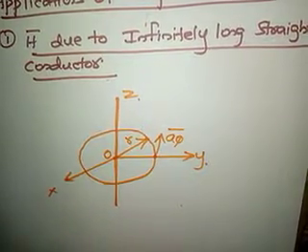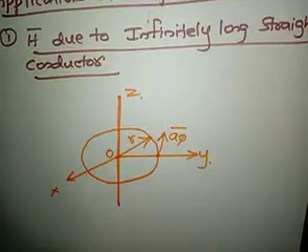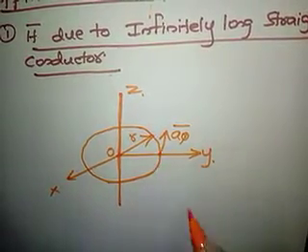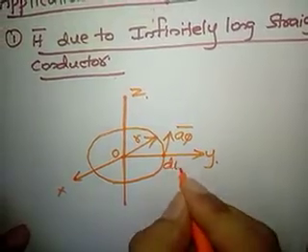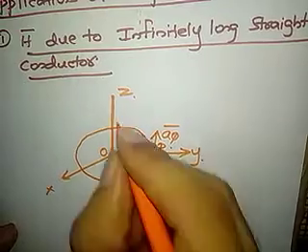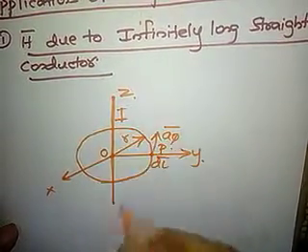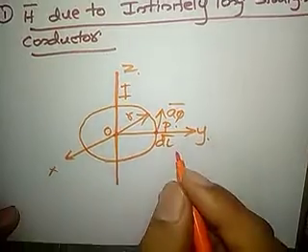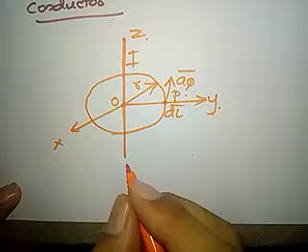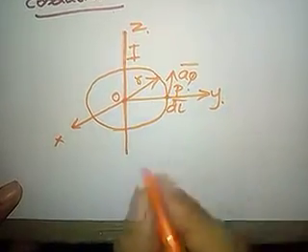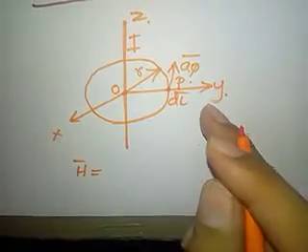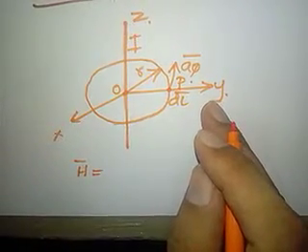This we have seen previously also, that the magnetic field intensity due to the infinitely long straight conductor will be tangential to the closed path. So this is our elemental length dl bar. This is our point of interest P, and the current carried by the conductor is I. So with these assumptions, the magnetic field intensity H bar is only along the a phi bar direction.